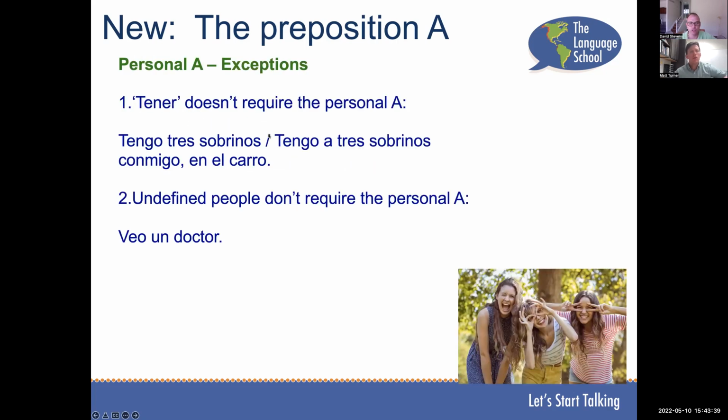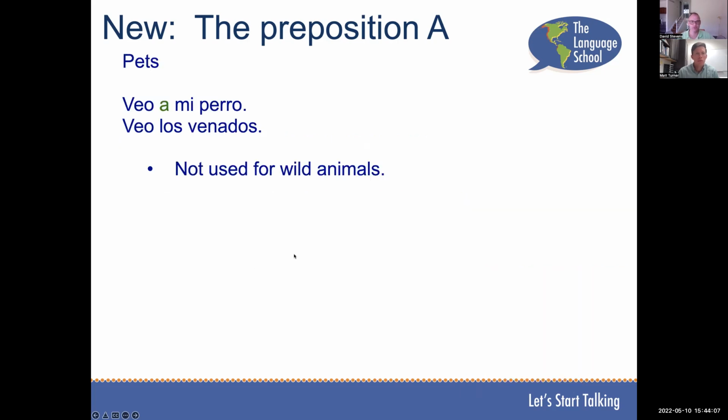So the first one is correct. You should just say tengo tres sobrinos. Okay. Right. And then to complicate it just a little bit more, undefined people do not require the personal a. So veo un doctor, right? When you are following it with the artículo indefinido, you don't use the a there.